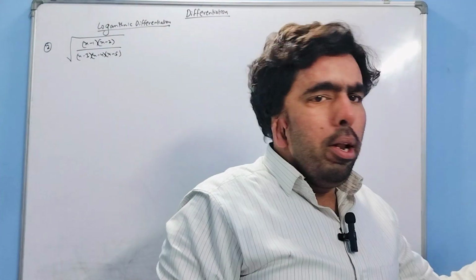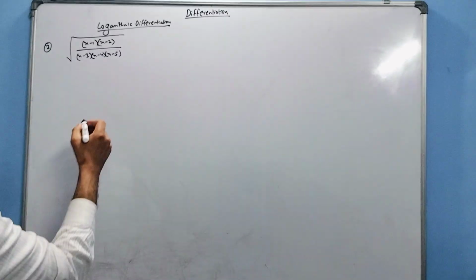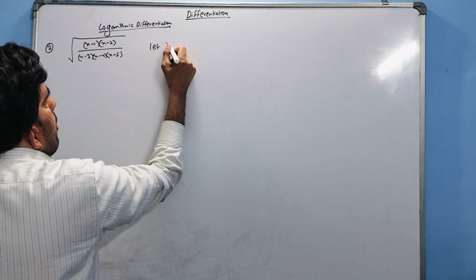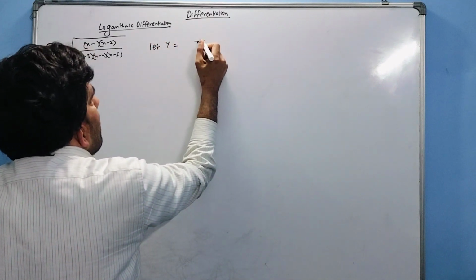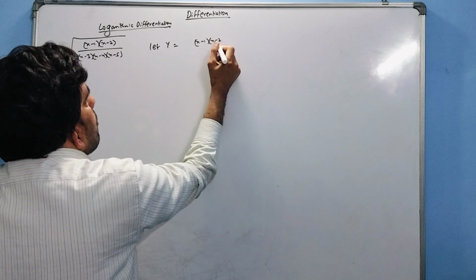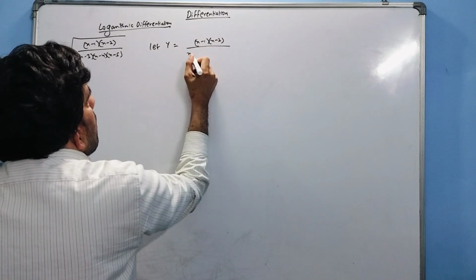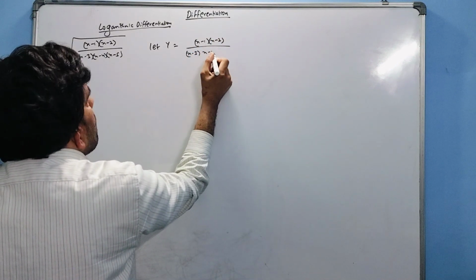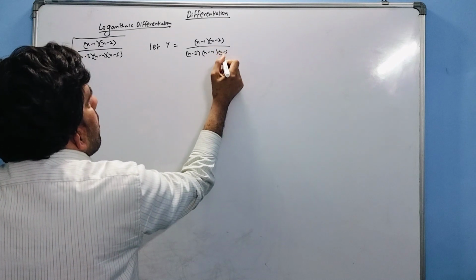So let us see how we will try to solve the root. Okay, let y is equal to the root of x minus 1, x minus 2 upon x minus 3, x minus 4, x minus 5.